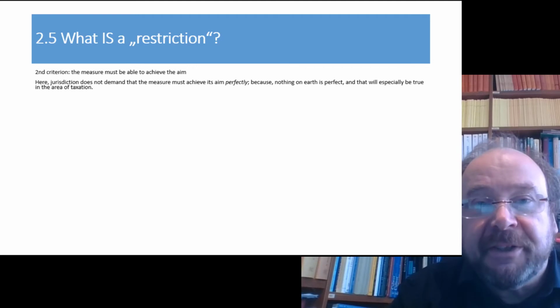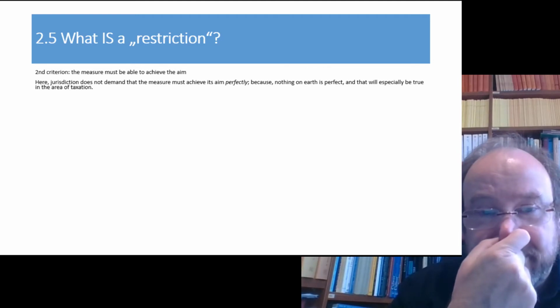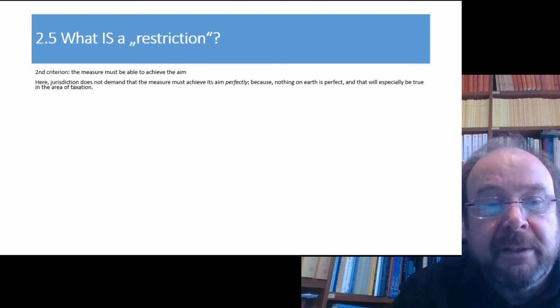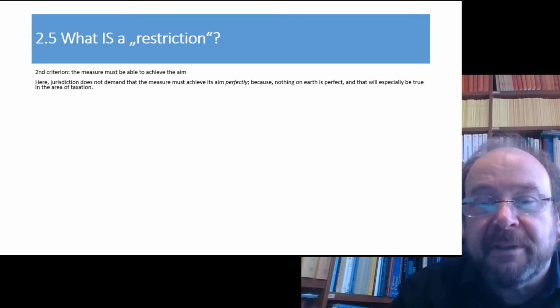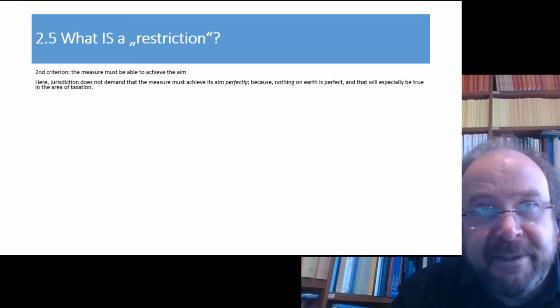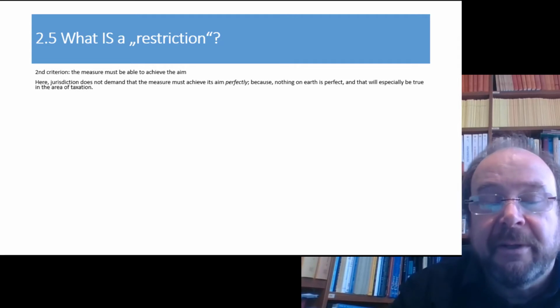Does the measure really have a positive impact on the aim? You can probably not demand perfection, but if there's evident nonsense around, or if there is an evident mistake in the conception of the measure, then you can criticize it as something which does not need protection.